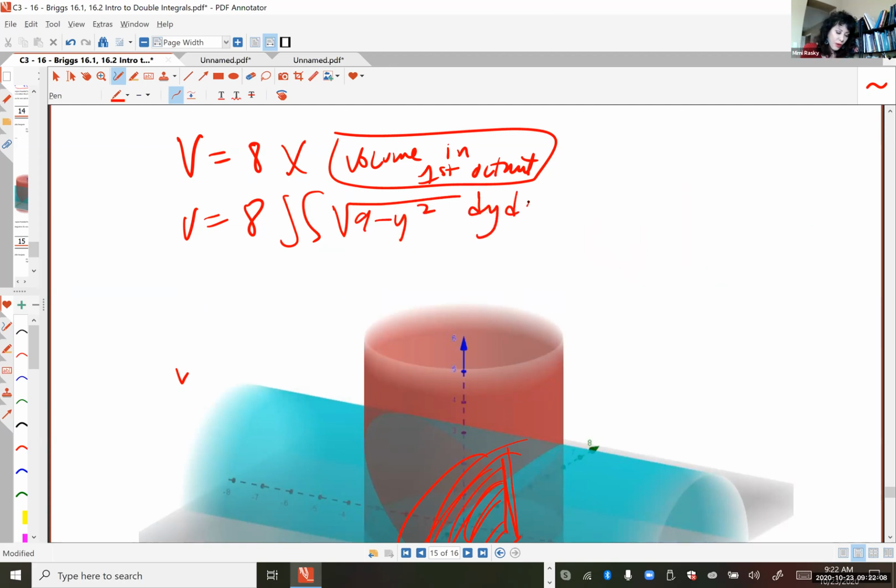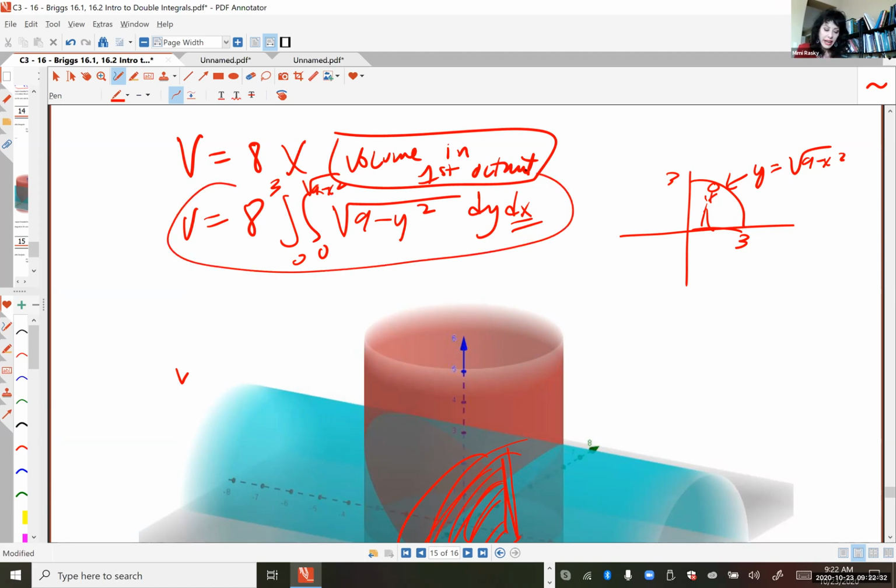If we choose dy dx and look at the first octant version in the xy plane, x goes from a pure number to a pure number, and y equals square root of 9 minus x squared. So the limits for y would look like this. And I hope everybody sees that to integrate that, you would need trig sub.